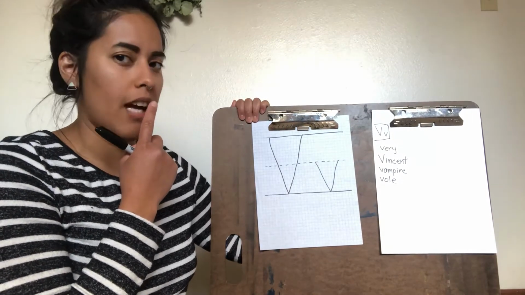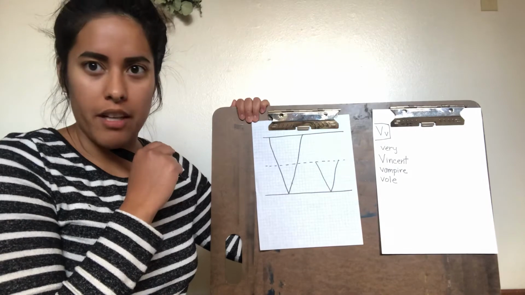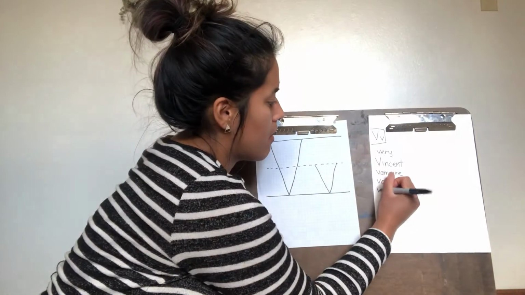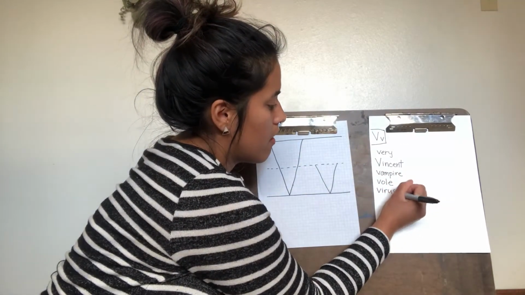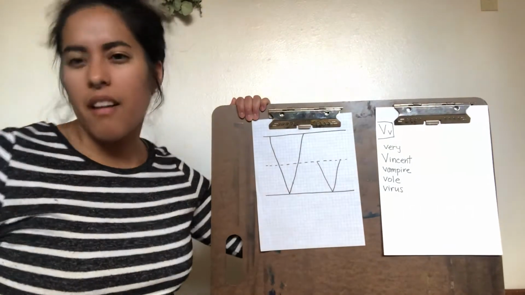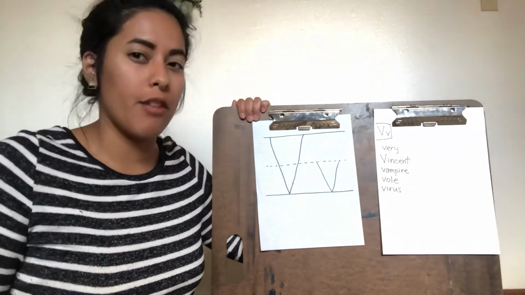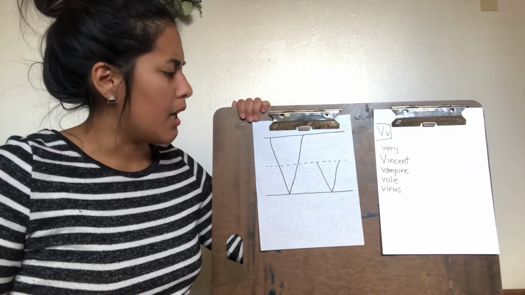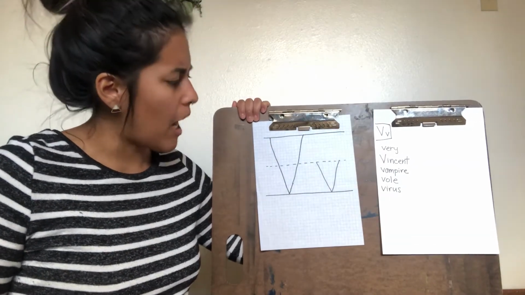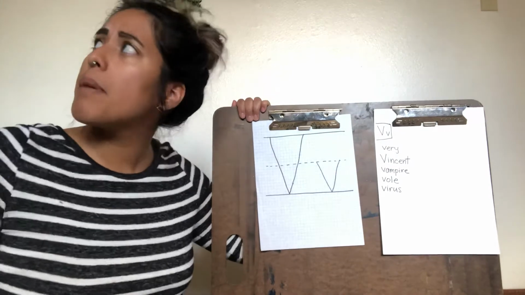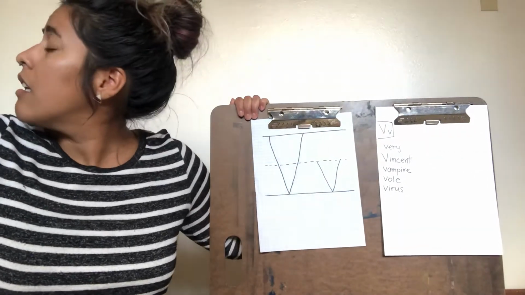Ooh, I know one. Virus, virus. Virus is like a sickness. Almost like the cold or like the flu. Let's see, very, Vincent, vampire, vole, virus. Maybe I can look around my room and see.